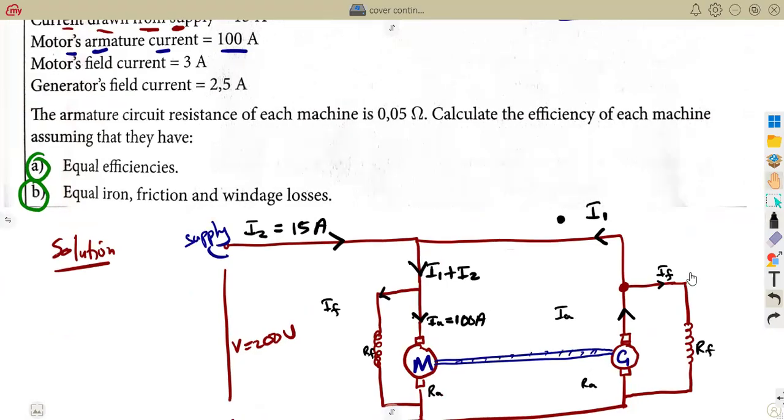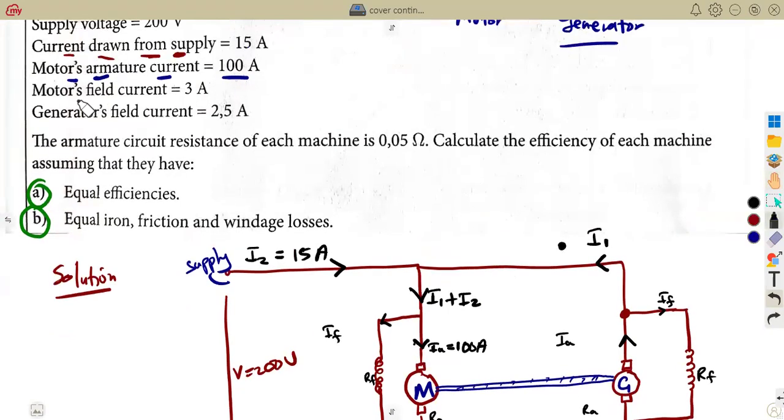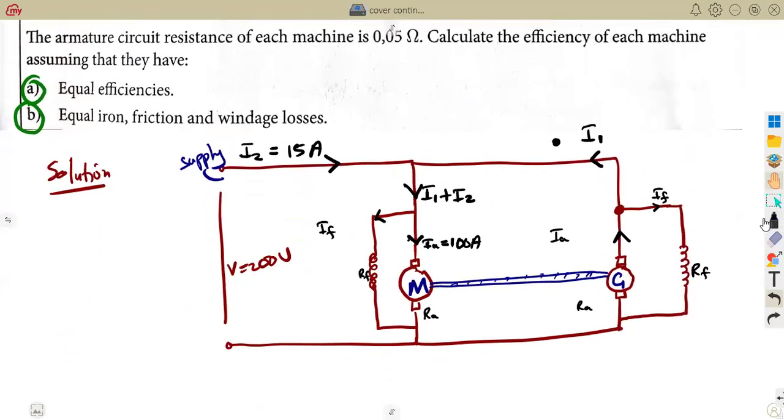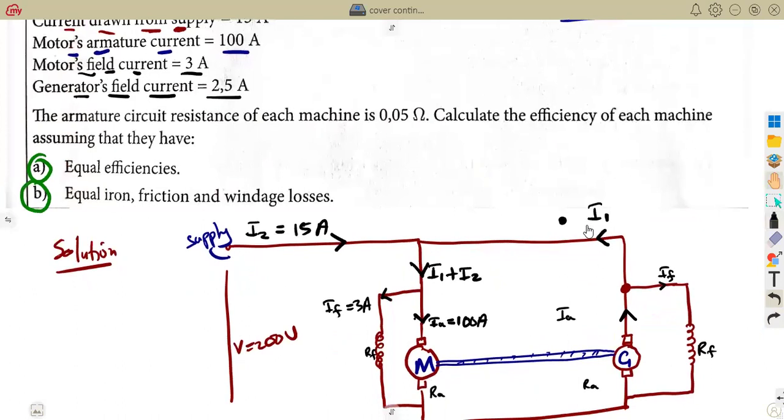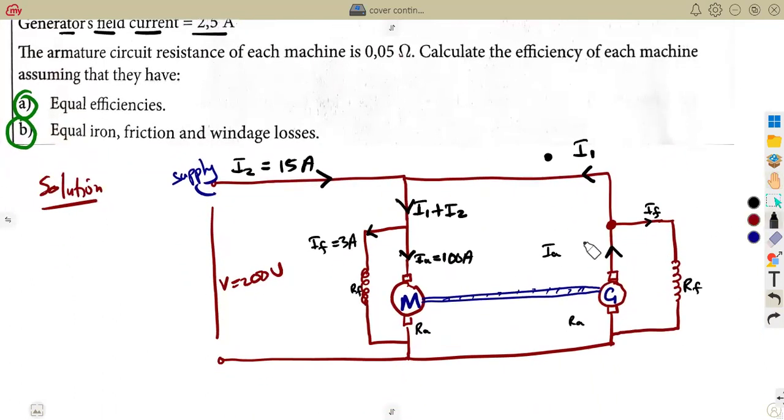Then also we are given the motor's field current, 3 amps. This is part of the motor, remember? So we have got 3 amps here. Then the generator's field current, which is this one, 2.5. We are on the generator. We are given the field current, which is 2.5 amps.